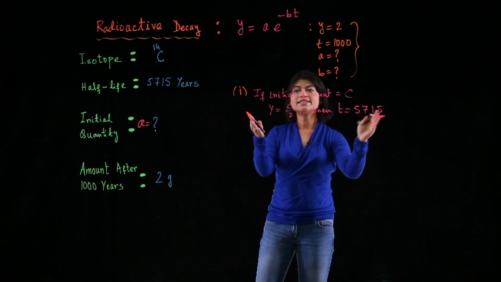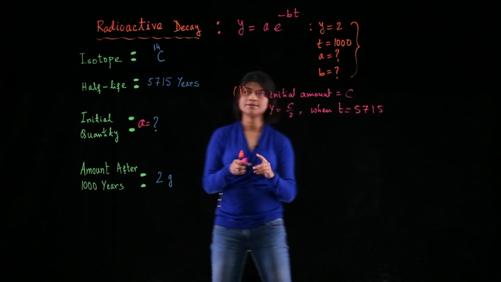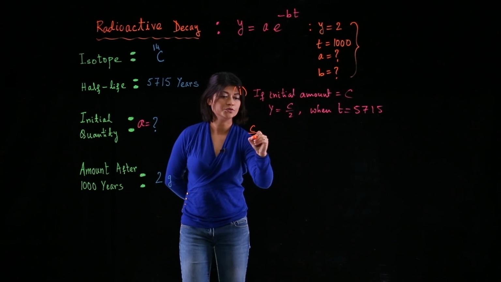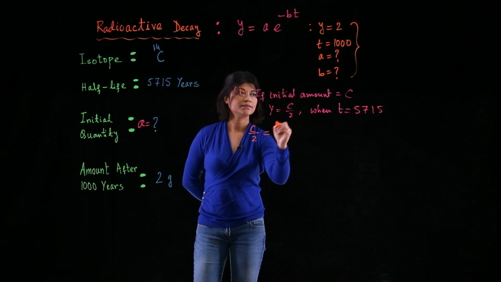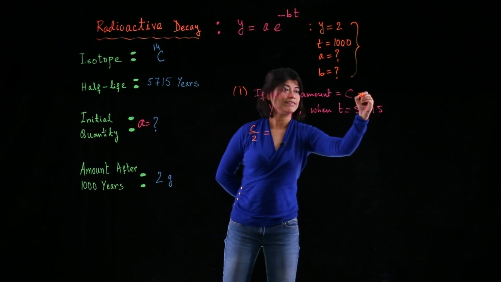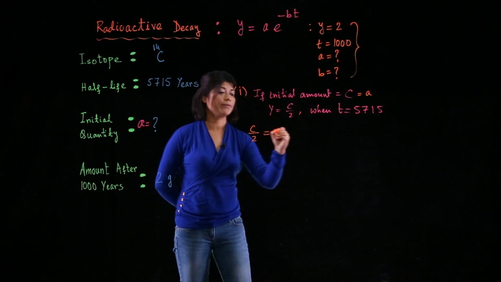So that's given to us. All right, so let's see if we can plug this information in that model and see what we get. Left hand side is c over 2. Right hand side, a is the initial amount, so plug in c for a.